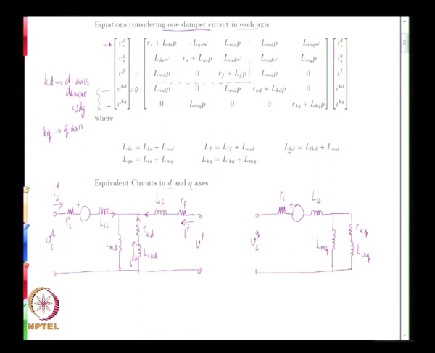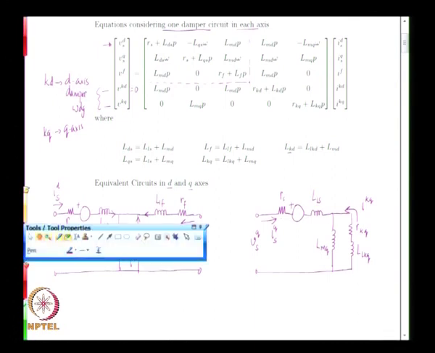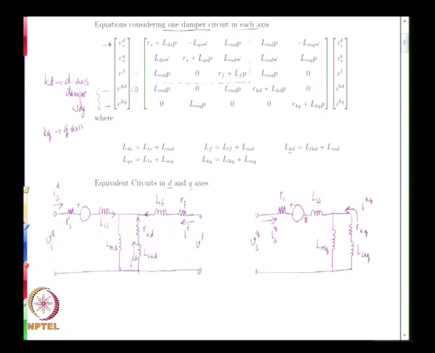So, this current that is flowing in is now IQS, this current that is flowing out of the damper bar is IKQ, that is the rotor current, and together these two currents flow into LMQ. So, the flow of current in this branch is IQS plus IKQ.